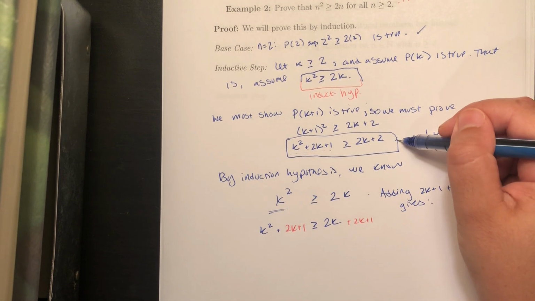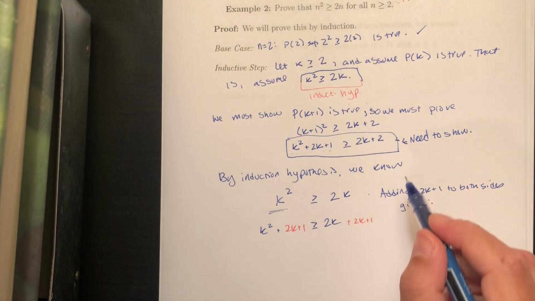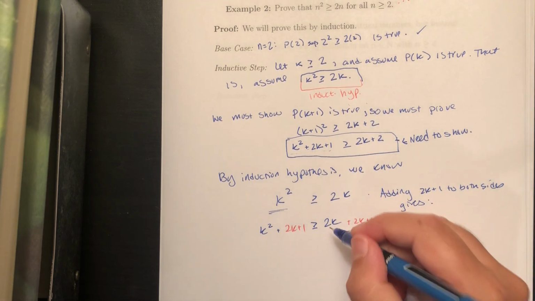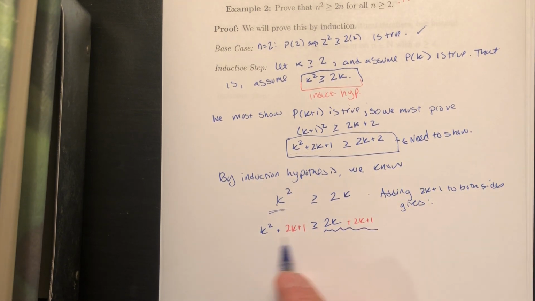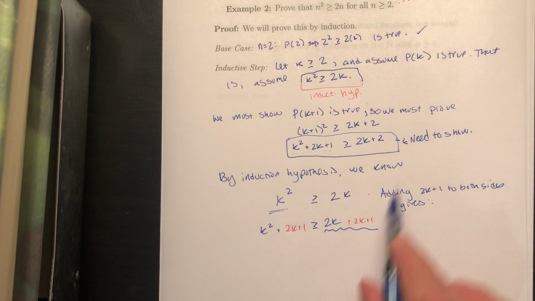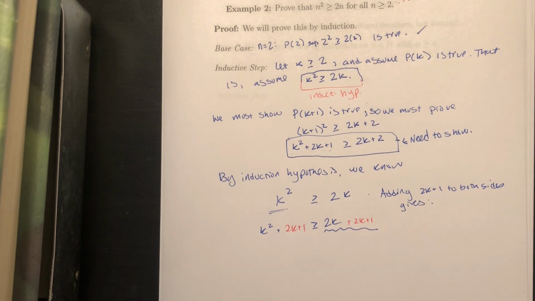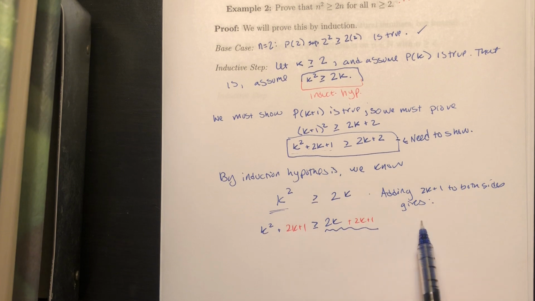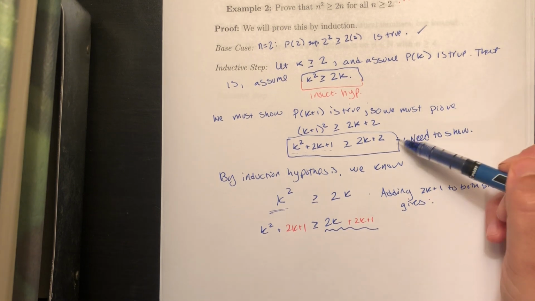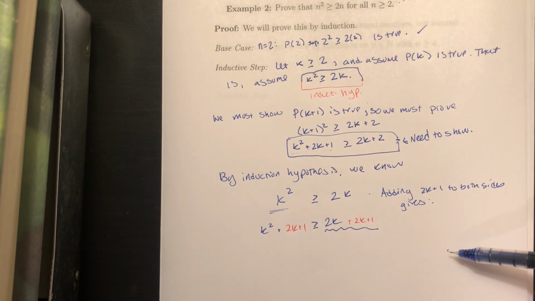We're trying to show that this is true. So all we really need to do is show that this right-hand side, because we know this inequality is correct, so we need to show that this 2k plus 1 is in fact greater than or equal to 2k plus 2. If we can show that, then we'll have that this inequality must be true as well.